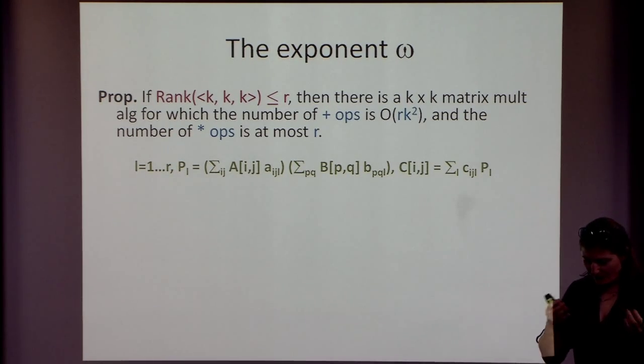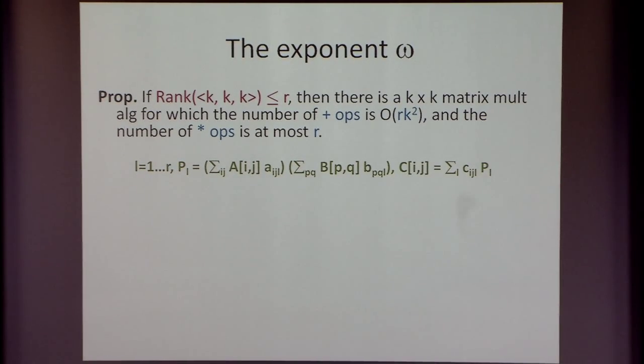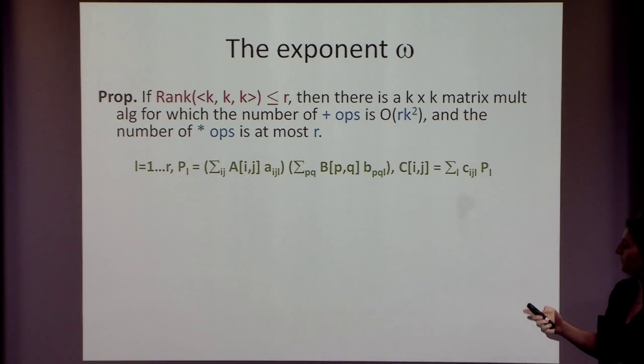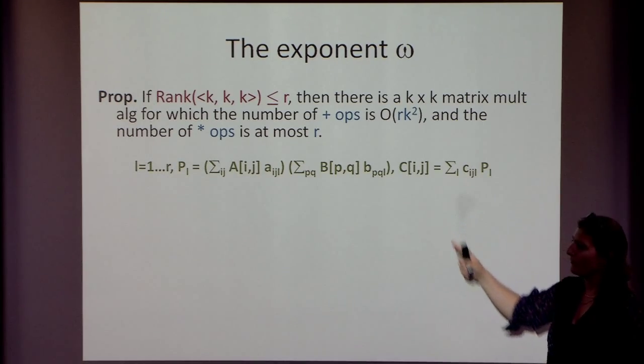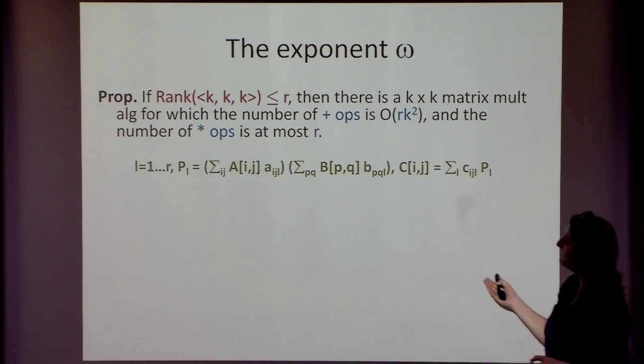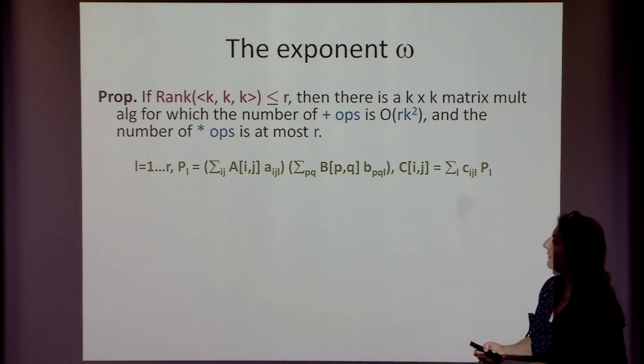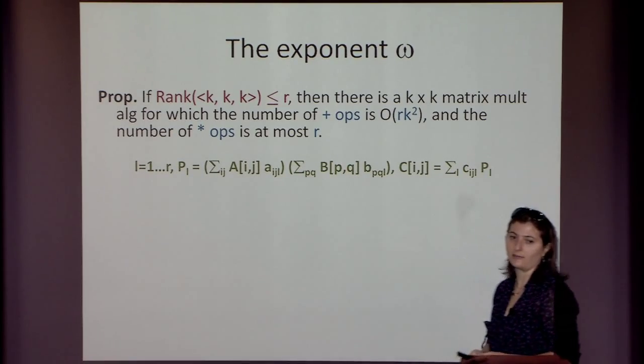there's a natural relationship between the rank of this tensor and the runtime of algorithms within this model of computation. Suppose I have k by k matrix multiplication, and I have a bound on the rank, which is r. Then there is a simple algorithm which performs exactly r times k squared additions and at most r multiplications.